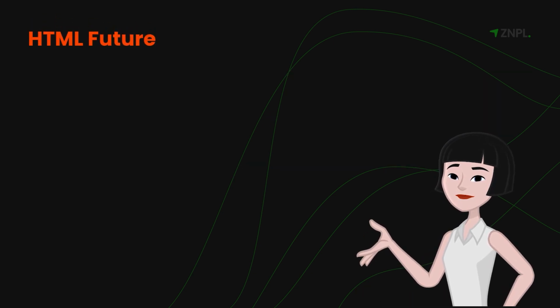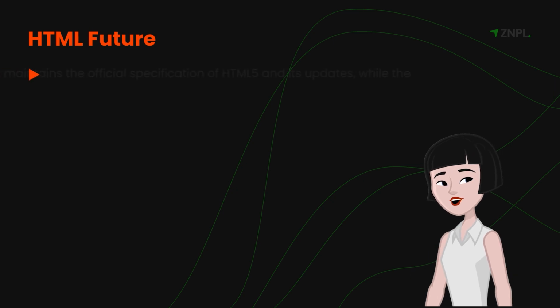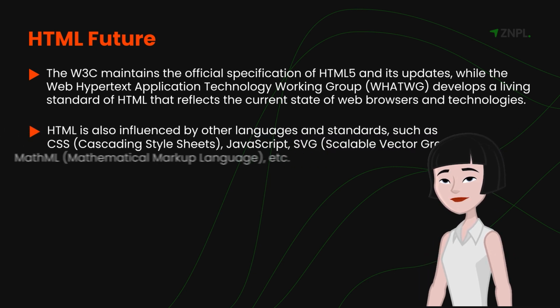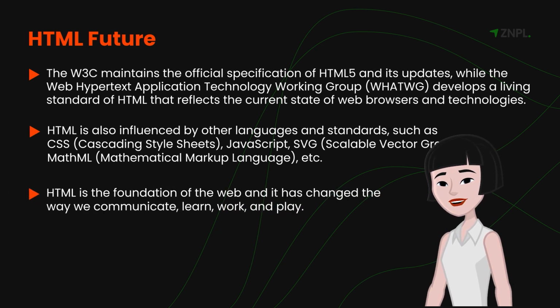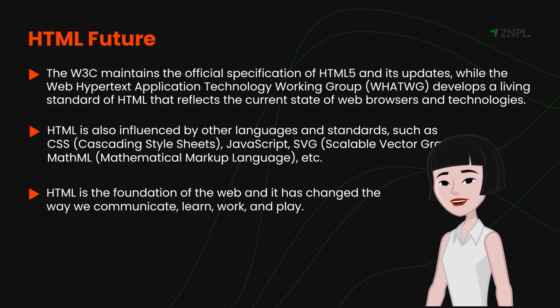HTML future. HTML is still evolving, and new features are being added or modified by various groups and organizations. The W3C maintains the official specification of HTML5 and its updates, while the Web Hypertext Application Technology Working Group (WHATWG) develops a living standard of HTML that reflects the current state of web browsers and technologies.